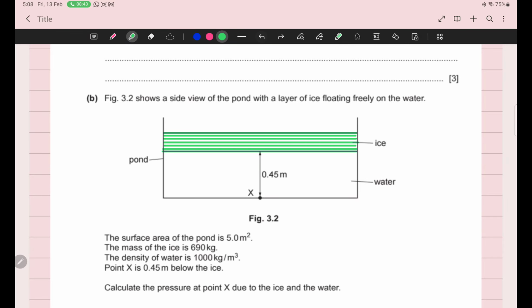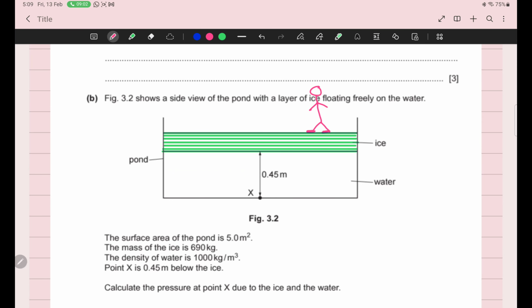Consider it is a pond, and a person is standing over this ice layer, and he is feeling the ice layer is breaking.